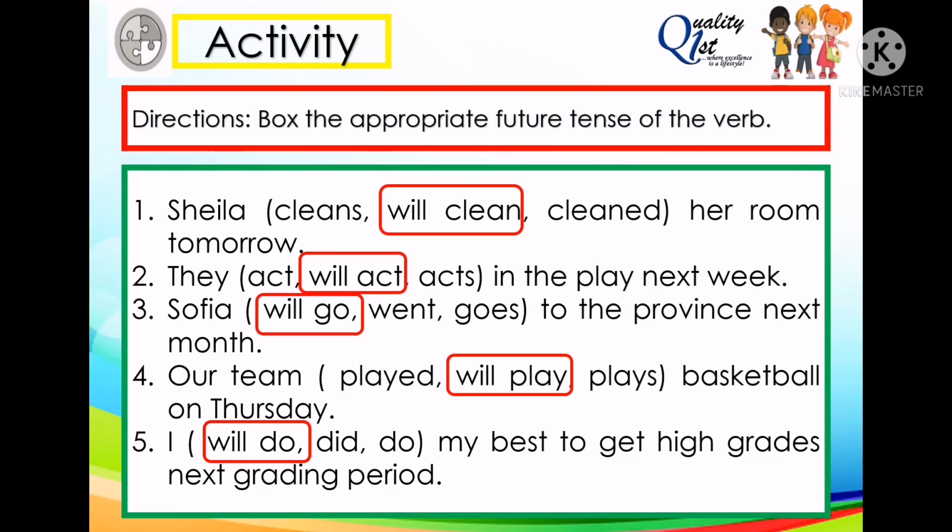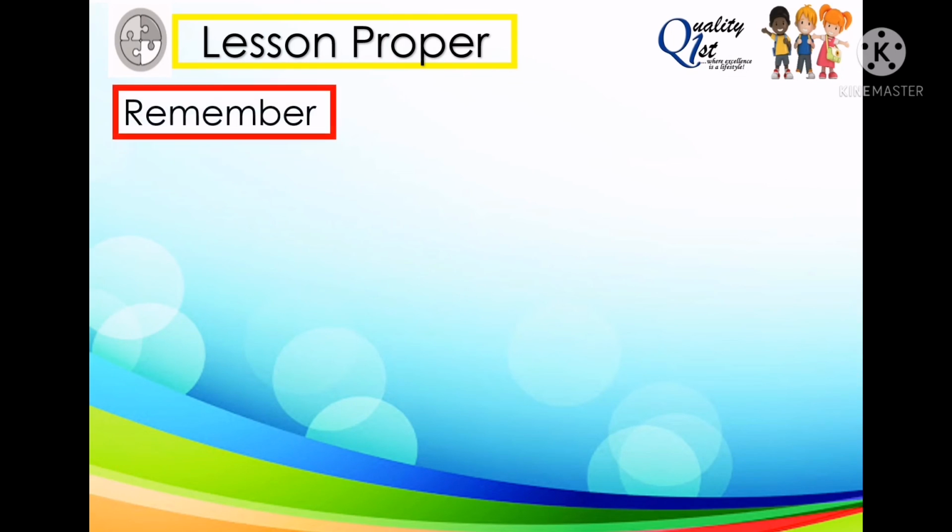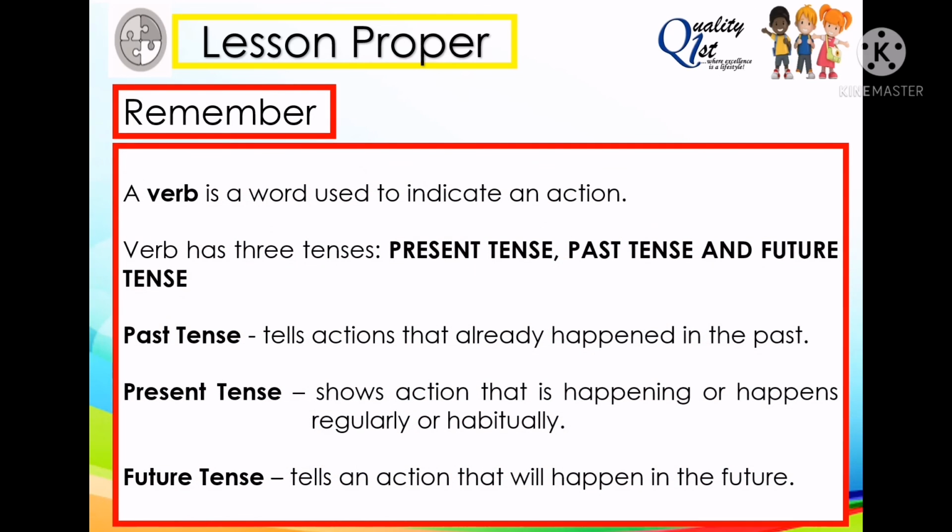Alright, kids? Now, I want you to remember this. A verb is a word used to indicate an action. Now, we have 3 tenses of verb. We have present tense, past tense, and future tense.